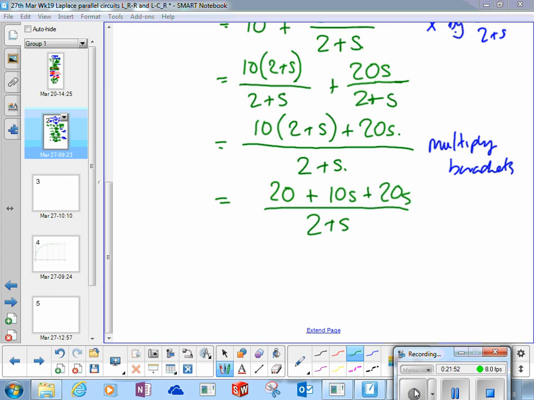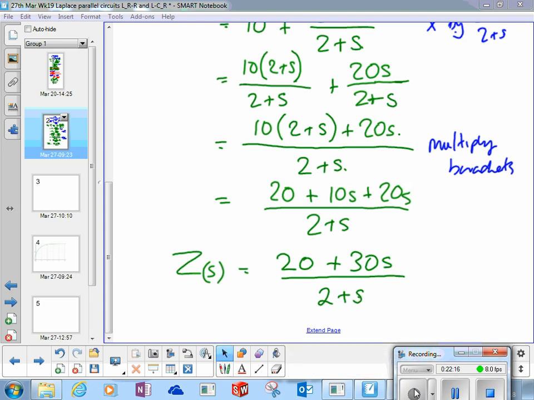Finally, we can bring these two multiples of s together and say that Z(s) is equal to 20 plus 30s over 2 plus s. Which is a bit of pulling around, but nevertheless nothing too difficult.